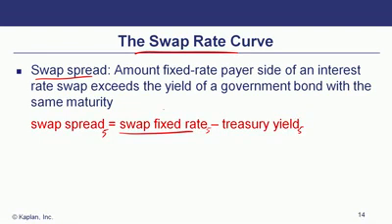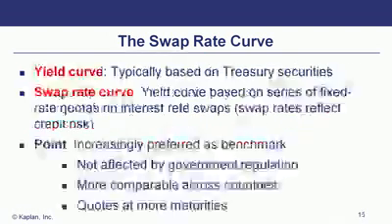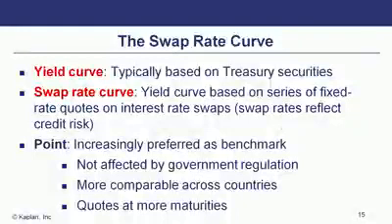That's the swap spread. So if this is 4 and this is 2.5, then the swap spread is going to be 1.5%. The idea here is that the swap spread is not risk-free.